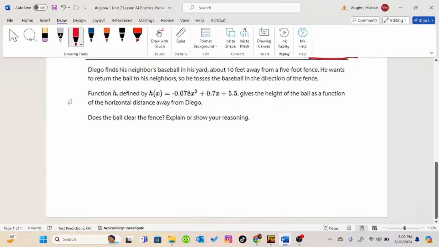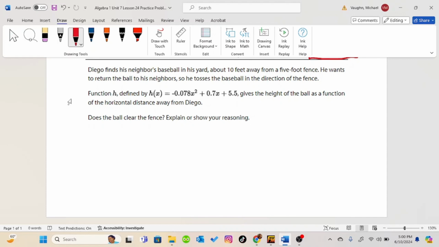On our last practice problem, Diego finds his neighbor's baseball in his yard about 10 feet away from a 5-foot fence. He wants to return the ball to his neighbors, so he tosses the ball in the direction of the fence.